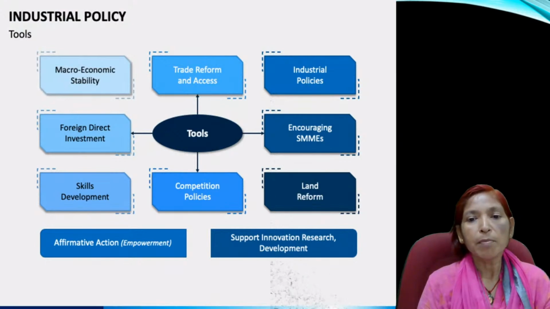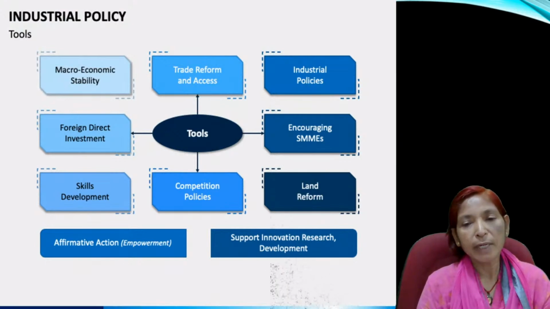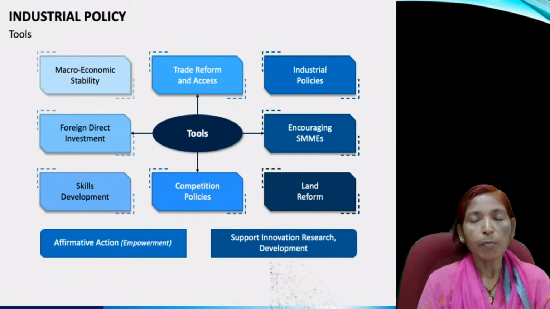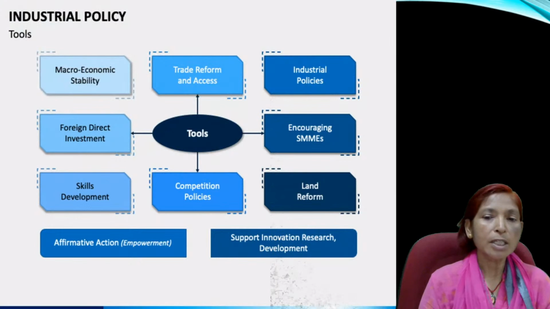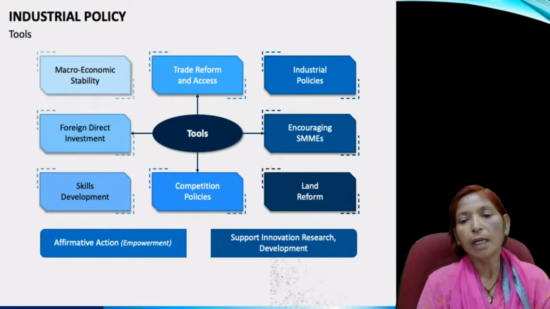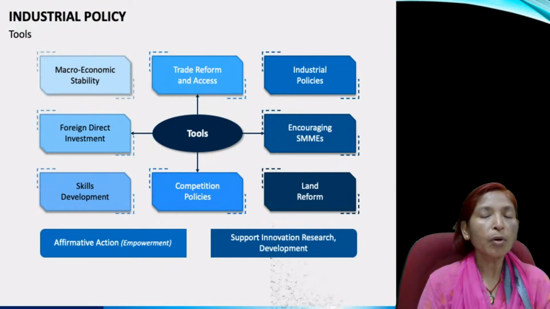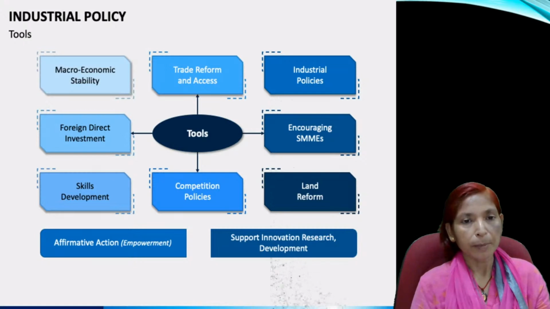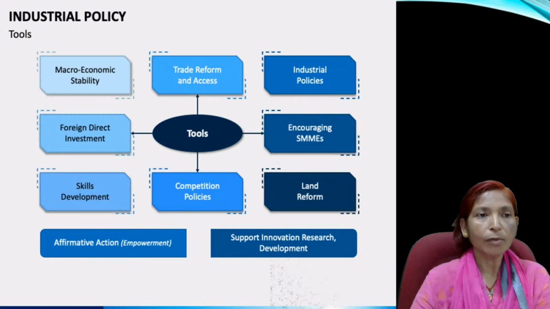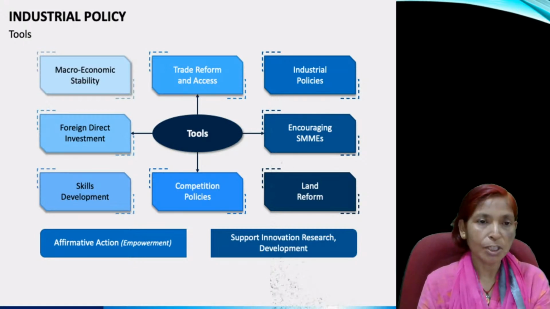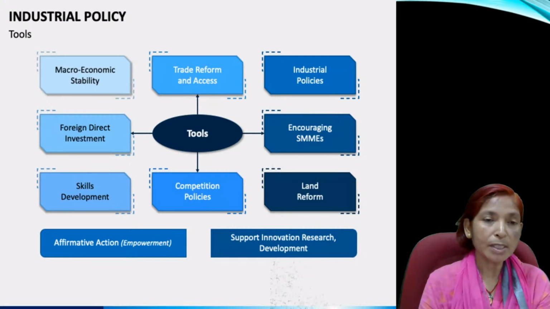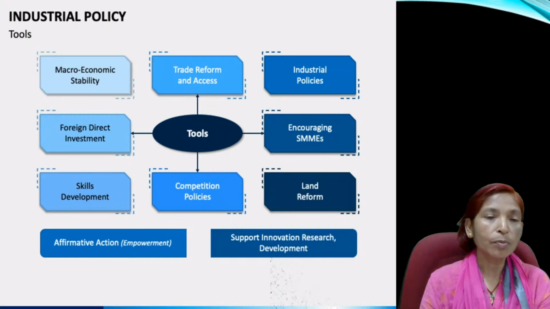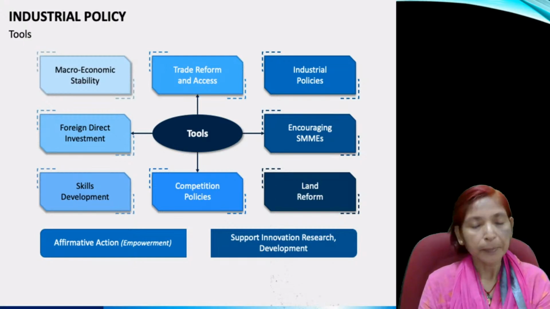M means micro, the other M means medium, S means small: micro, small, medium, and large enterprises, land reforms, and support for innovation and research sector; research and development should be promoted. So these are the main tools of industrial policies which are used by the policy makers while making industrial policy.